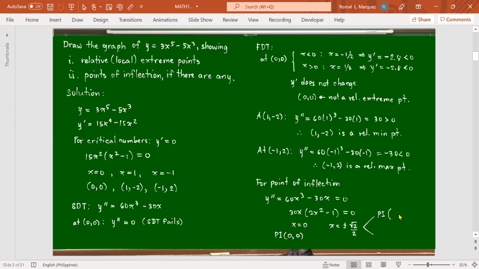The corresponding y value is negative 1.24 approximately. Samantalang square root of 2 divided by 2 is approximately 0.71. Okay, children? What about the third point of inflection? Negative 0.71.